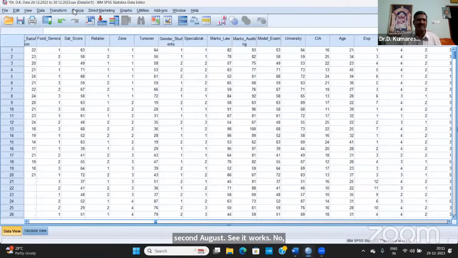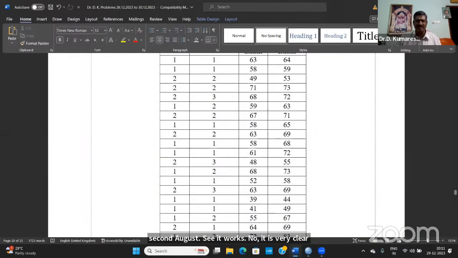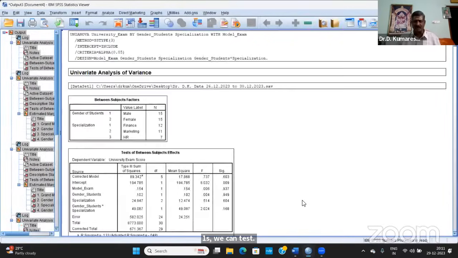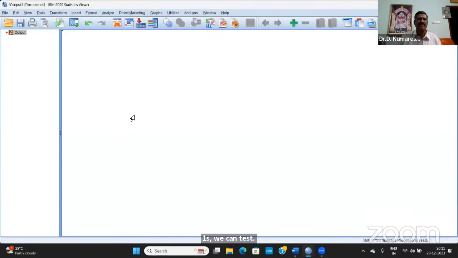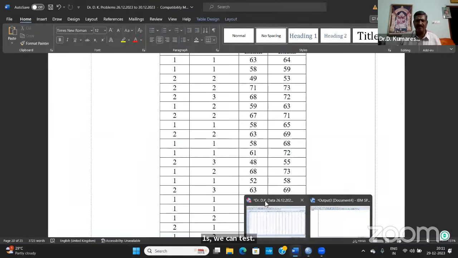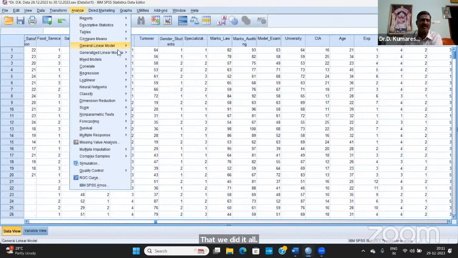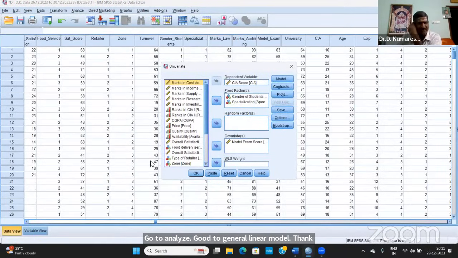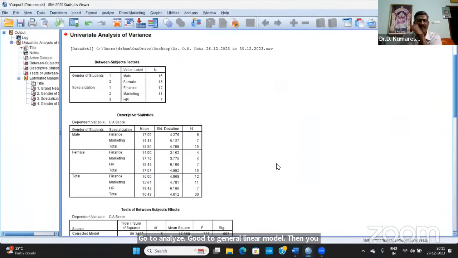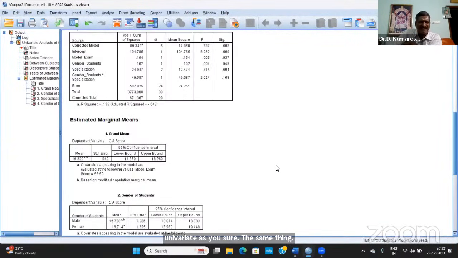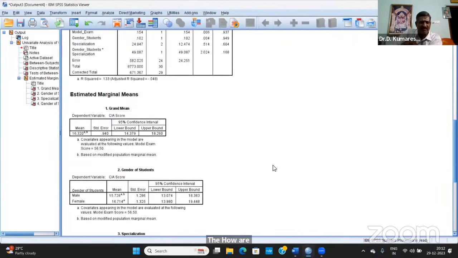Once again, we can test. Let me delete all the output. Go to analyze, go to general linear model, then univariate as usual. The same thing. Look at here, the average marks. Right.